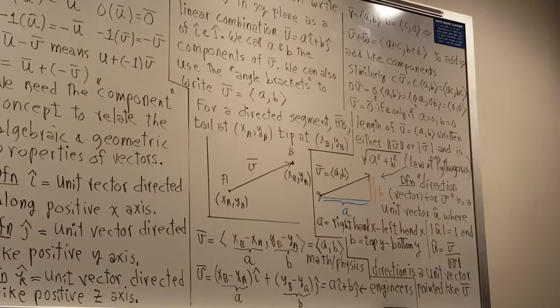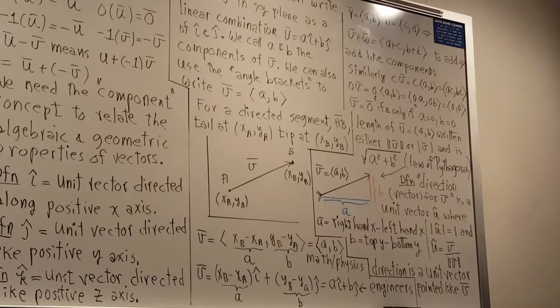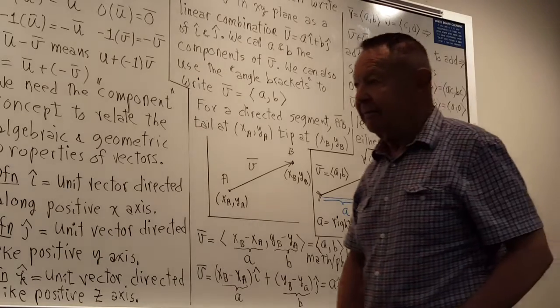It means you take the length of the vector you're given, then divide the vector by that, and that gets you a new vector pointed like the one you started with, but length 1. And that new one is called the direction of the one you started with. So these are the general rules of vector algebra, if you want to say it that way.